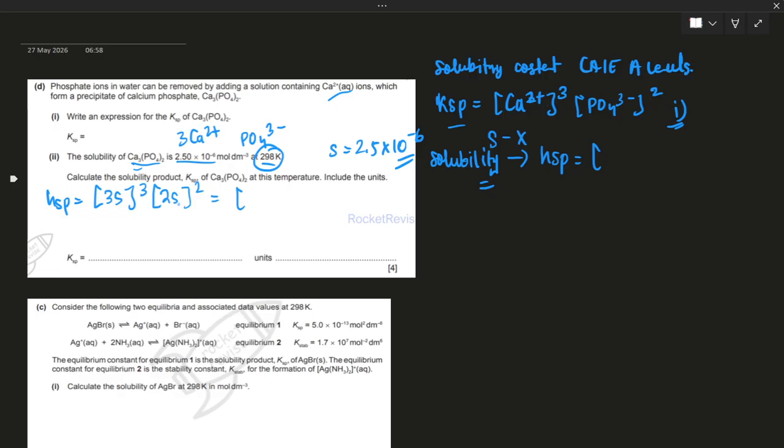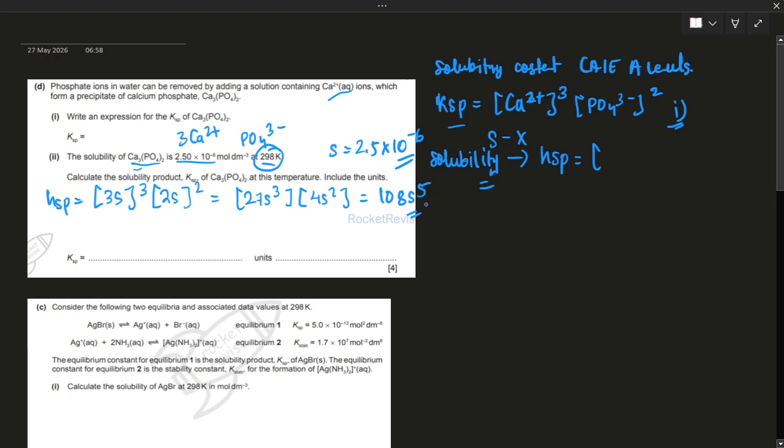You can combine them through simple maths. If you cube 3, you get 27S cubed multiplied by 4S squared, and then you can multiply this. What do you get? Let me just check. 108 S to the 5.